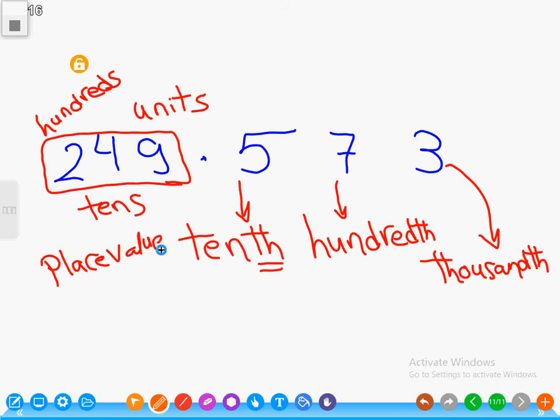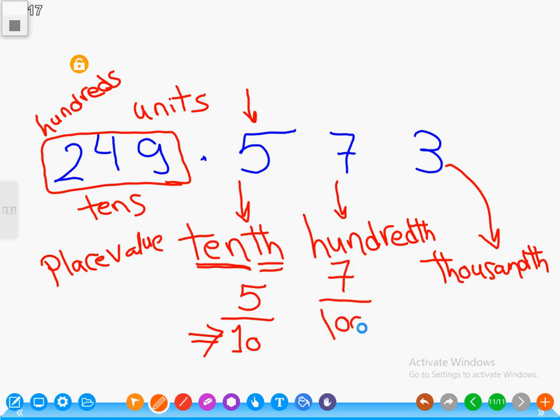Let's write the value. Here we will write 5, and what in the denominator? This is the first digit after the decimal point, so we will put 10, tenths. And here, let's write 7, and here 100, because this is in hundredths. And here 3, with thousandths in the denominator, because its place value is thousandths.